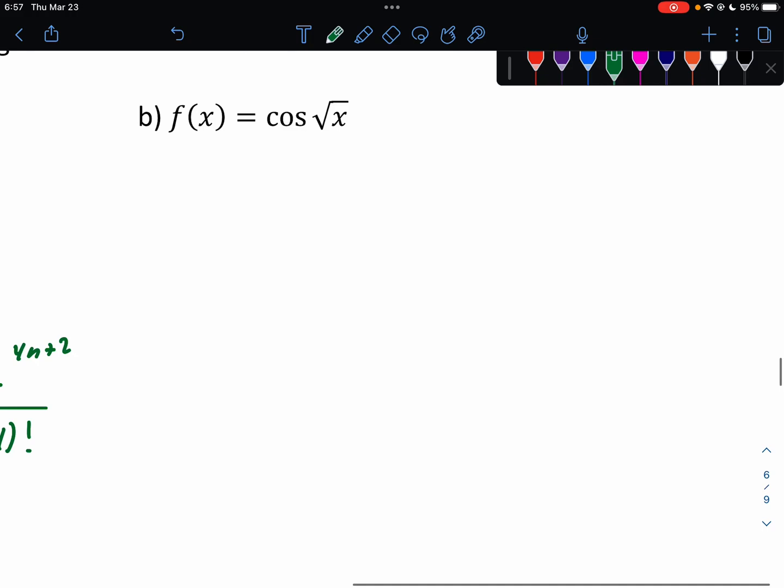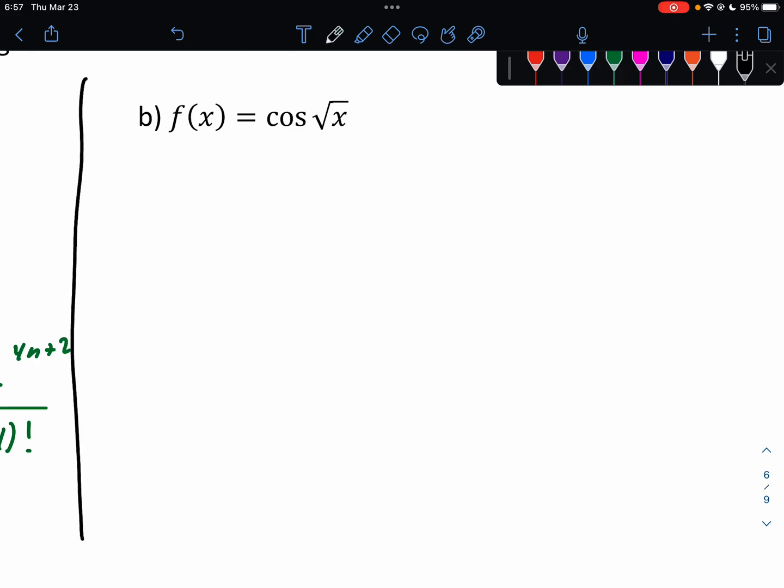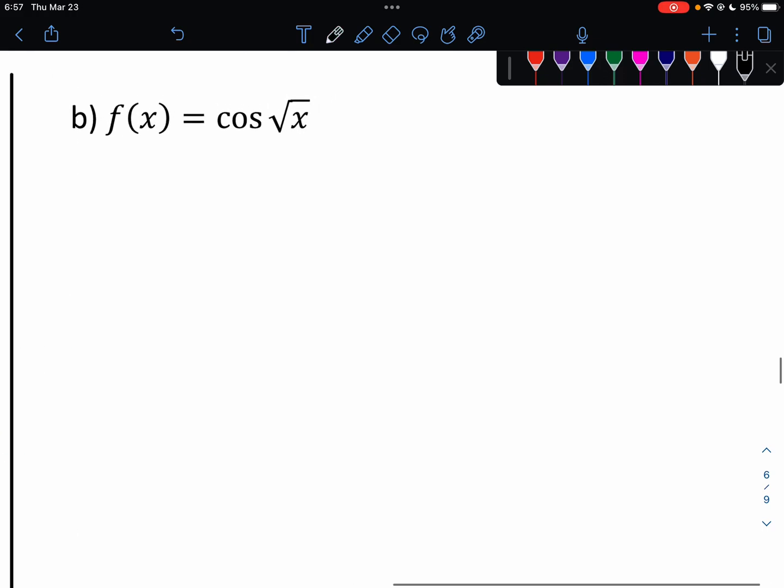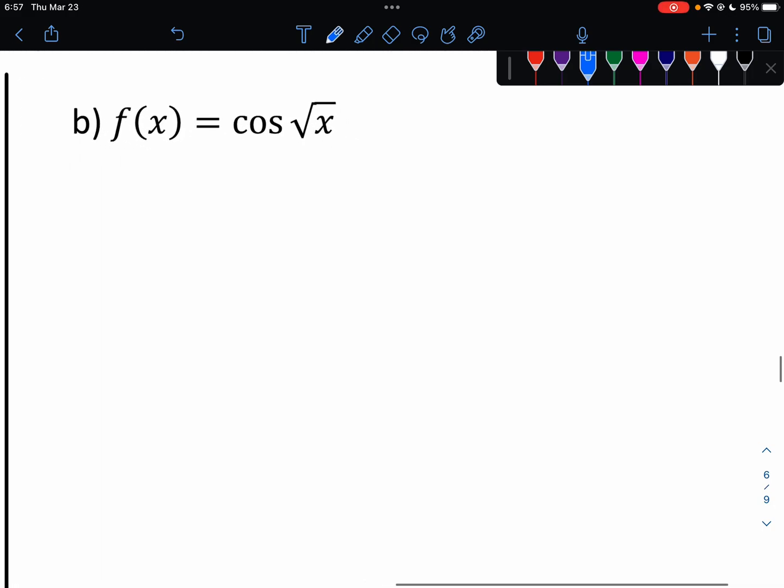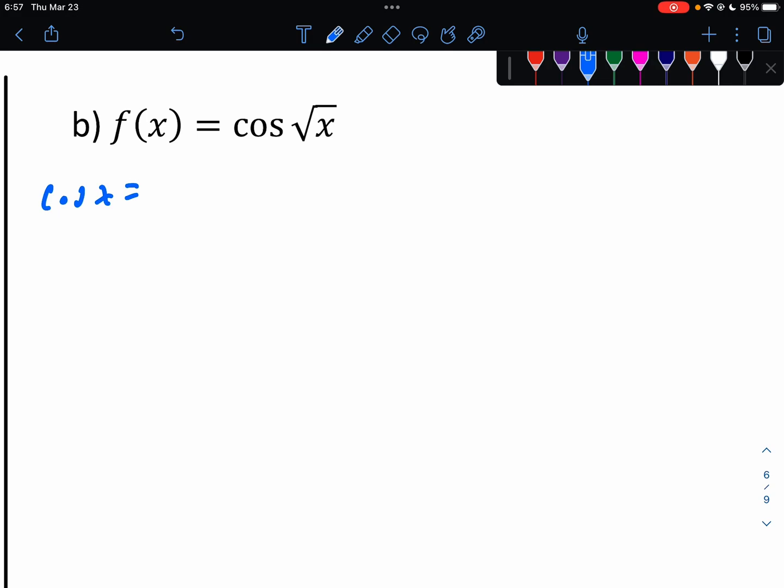Okay, and then for part B, same thing with cosine. Now again, it would really help if we knew the cosine of x power series. So that'd be 1 minus x squared over 2 factorial plus x to the 4th over 4 factorial minus x to the 6th over 6 factorial.